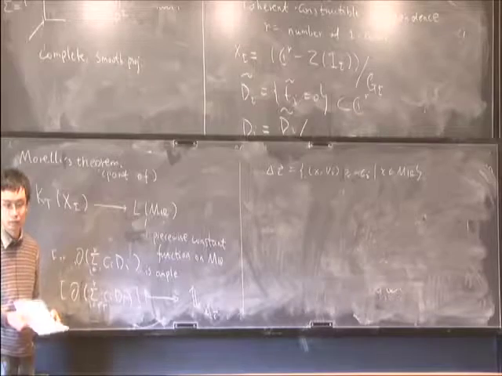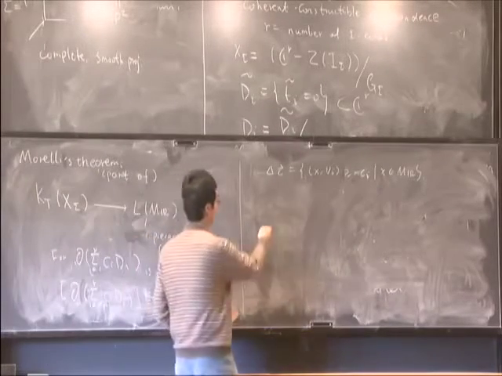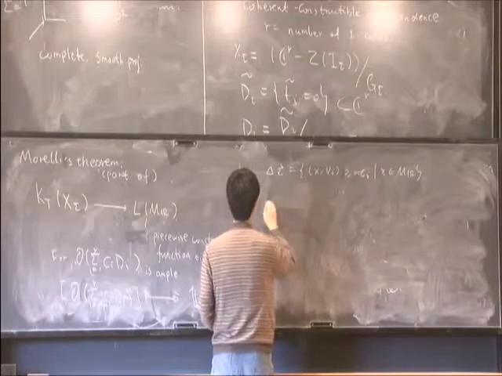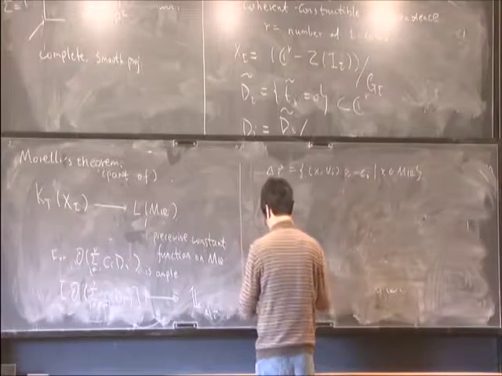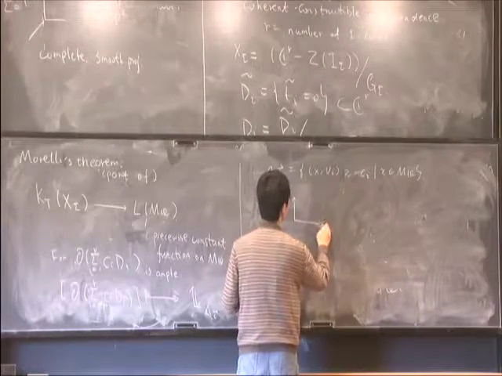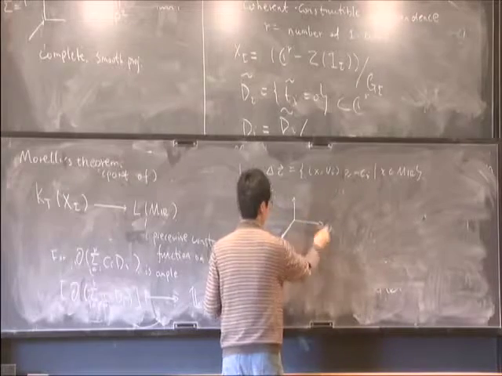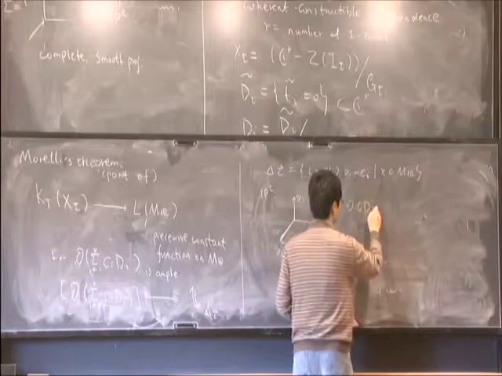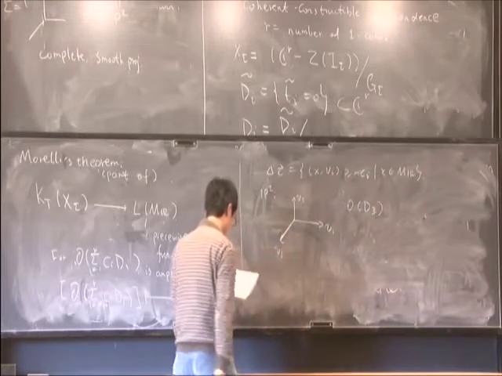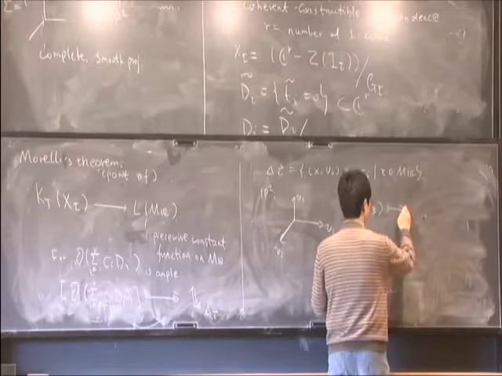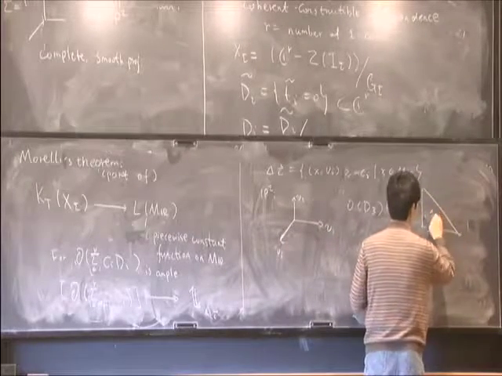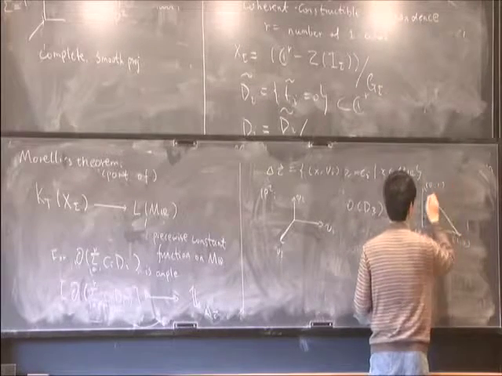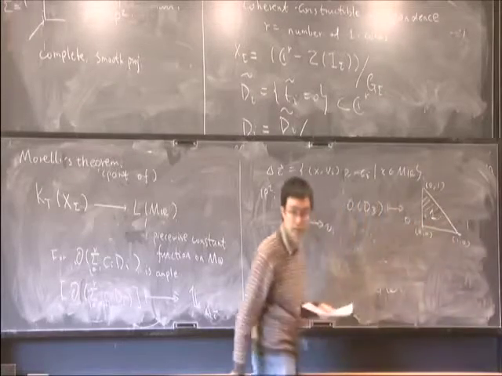Yeah, for example, for P2, here I label the 1-cones by v_1, v_2, and v_3. So O_D3, this D3 corresponds to this 1-cone, that sends into the function that is 1 on this polytope and 0 outside.